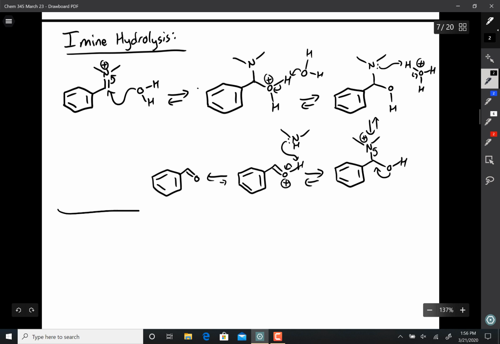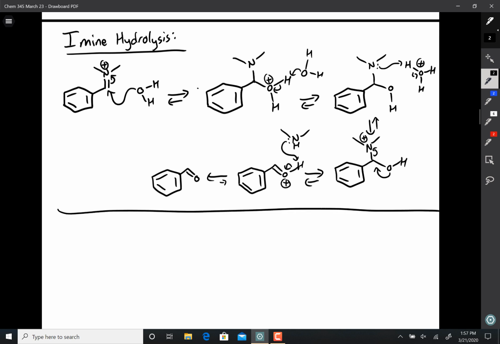So that, the Vilsmeier-Haack reaction, is a way of adding aldehydes to benzene rings.